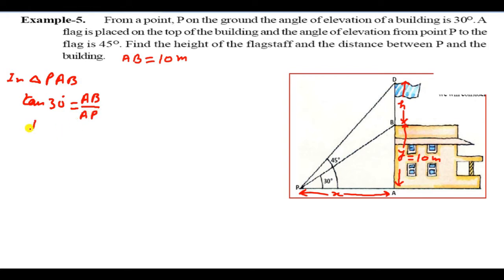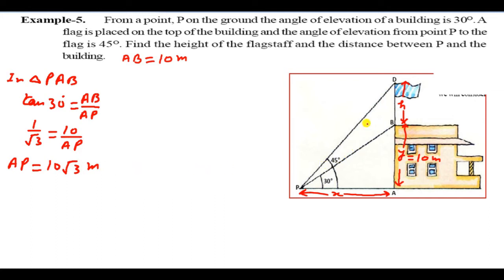So tan 30 value is 1 by root 3 and AB is 10 upon AP. So we can find the AP. So AP is equal to 10 root 3 meter.